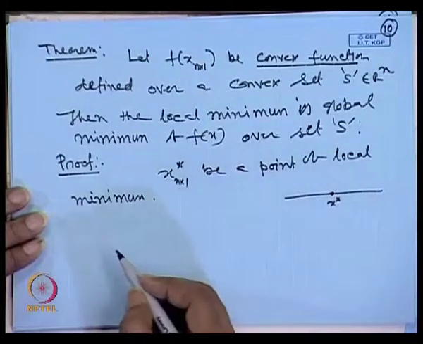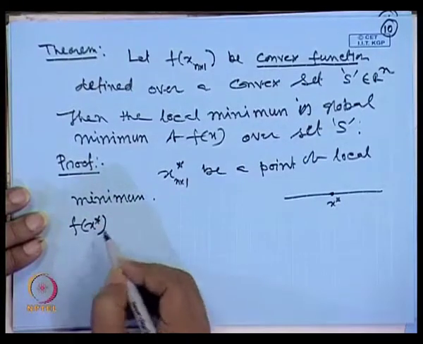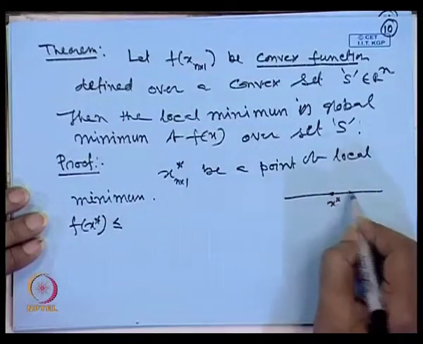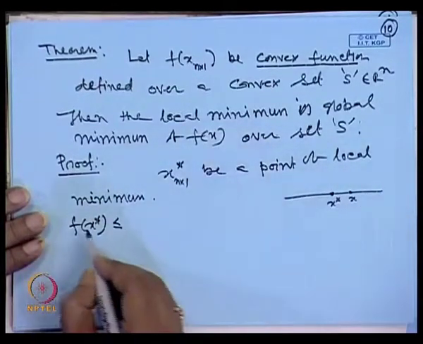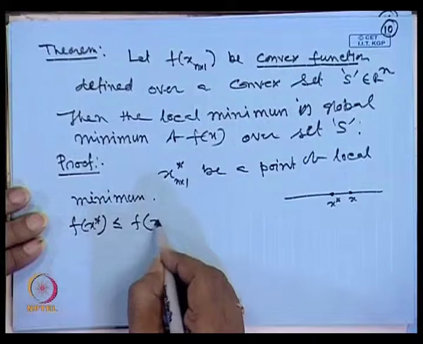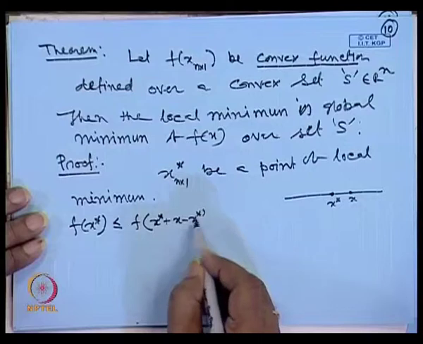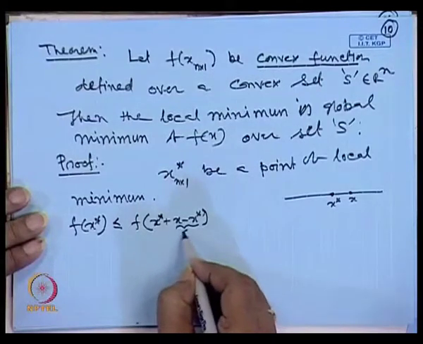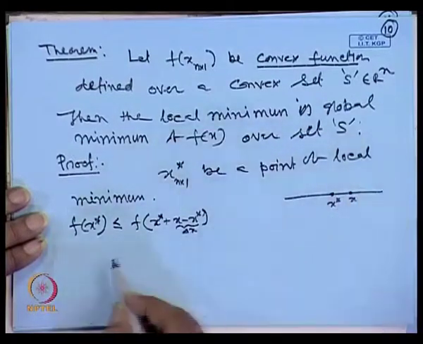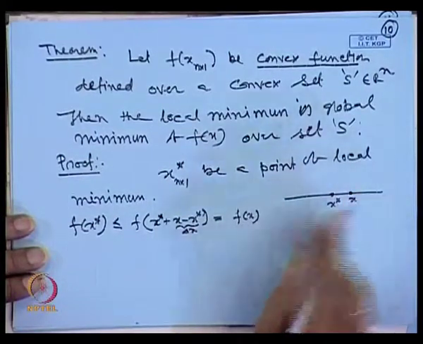So, we can write f of x star is less than or equal to f of x, if you take any point around this, let us call it x. Since it is the local minimum point, f of x star is less than or equal to f of x star plus delta x, where delta x is x minus x star.